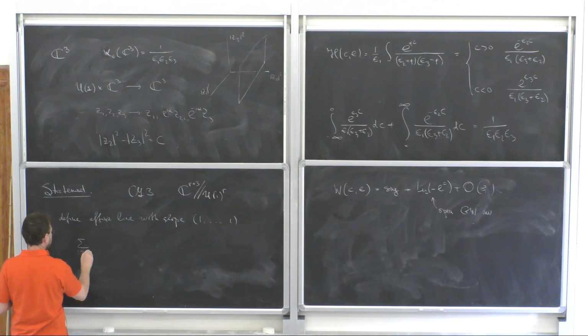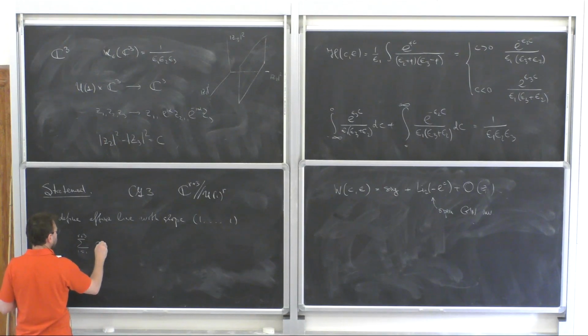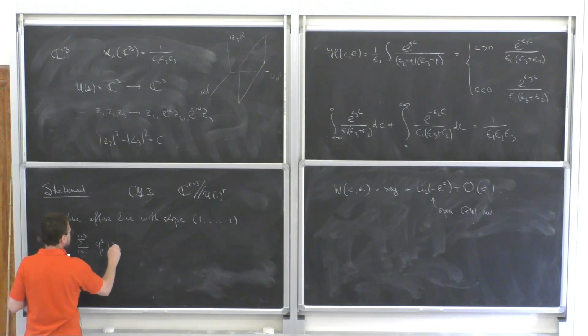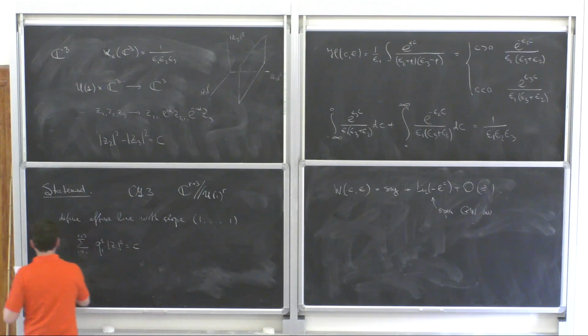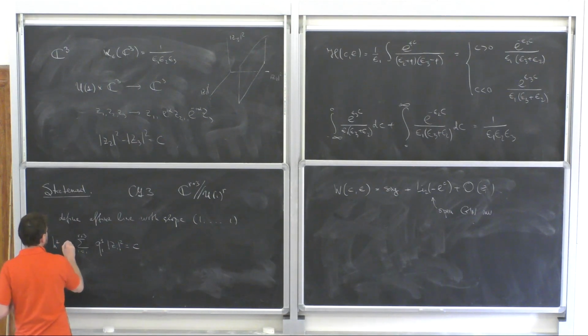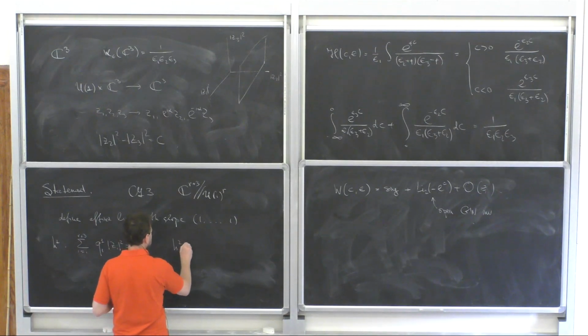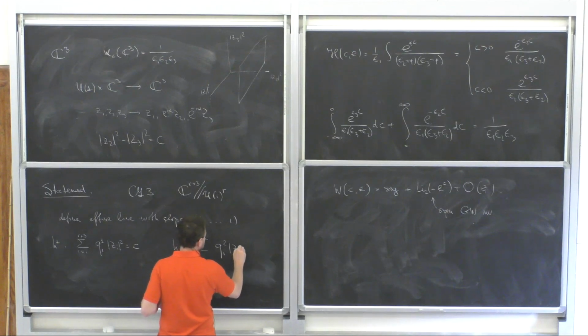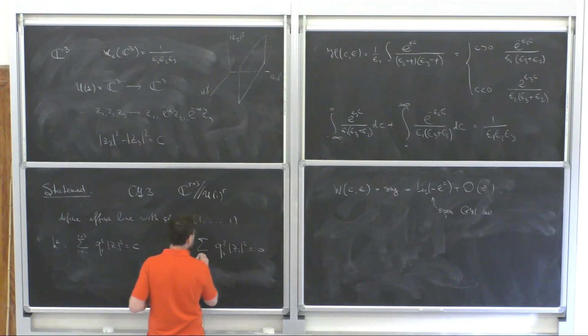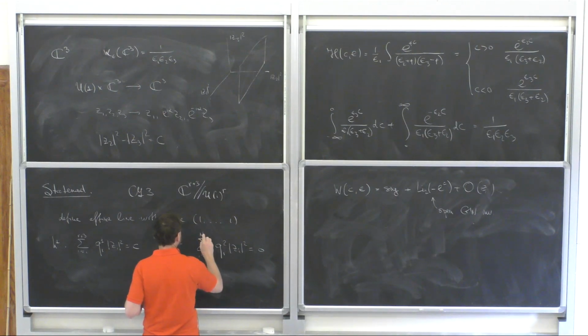You write i from 1 to r plus 3, and then you have q_i^1 |zeta_i|^2 equal to c. So this will be typically H1 condition, and then there will be condition H2, which I can write as q_i^2 |zeta_i|^2 equal to 0, i from 1 to r plus 3.